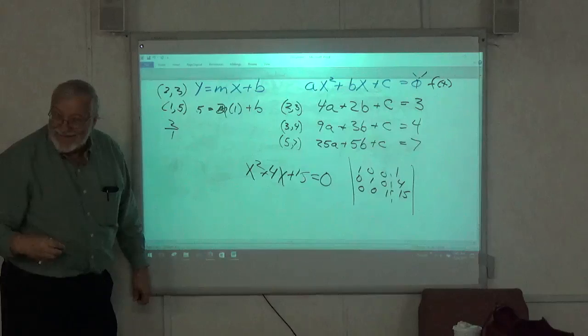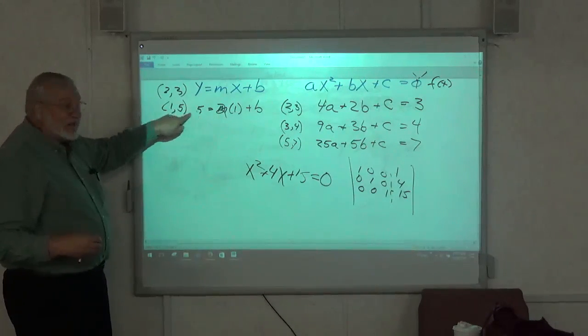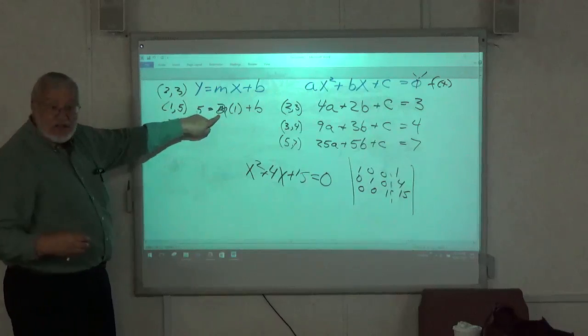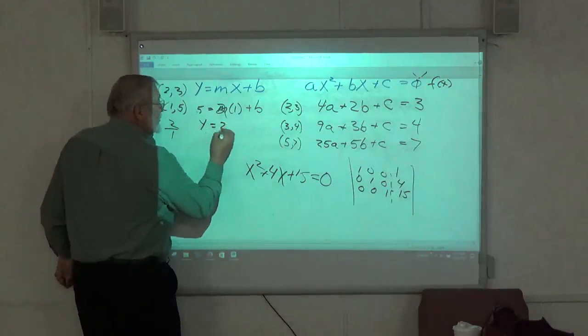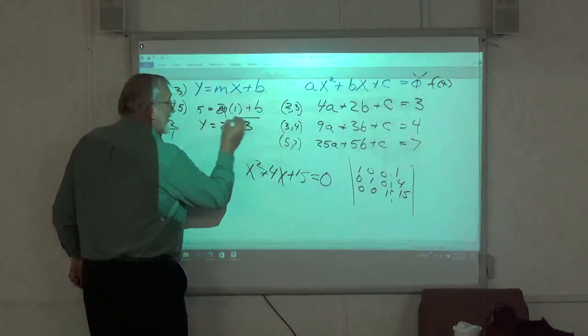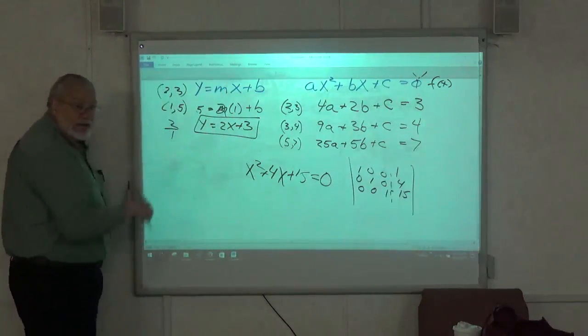Where'd you get the 3 from? Because the y is 5, the x is 1, and my slope was 2. So y equals 2x plus 3 is the equation of the line given those points.